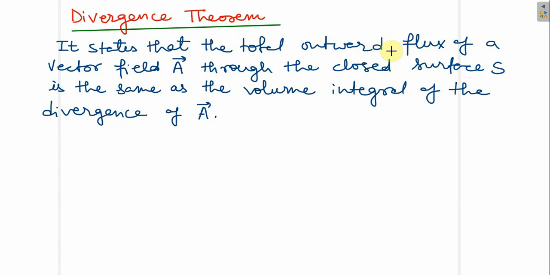We represent this as the closed surface integral of the vector field A. This is equal to the volume integral of the divergence of A. The divergence of A is del dot A, and volume integral means dv.